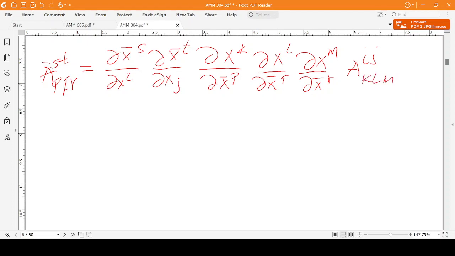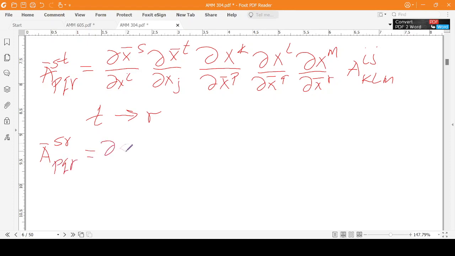So we want to replace t with r. So we replace t with r here and here. So we get a bar sr p q r.